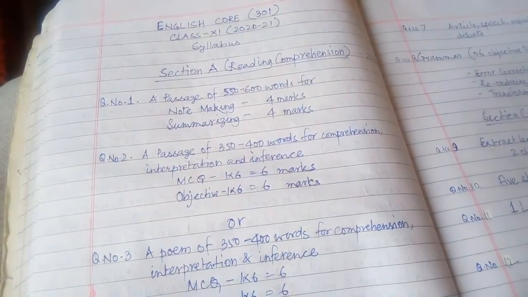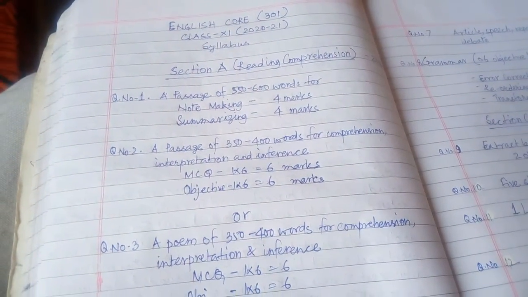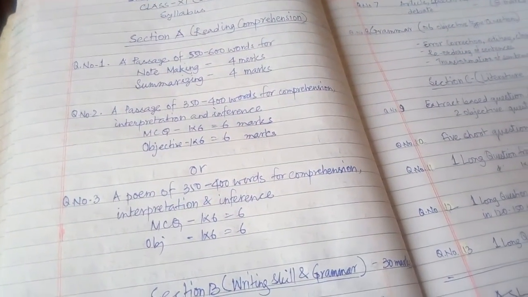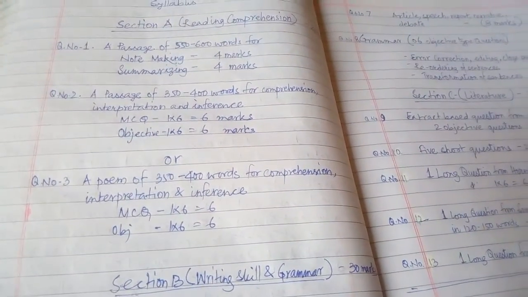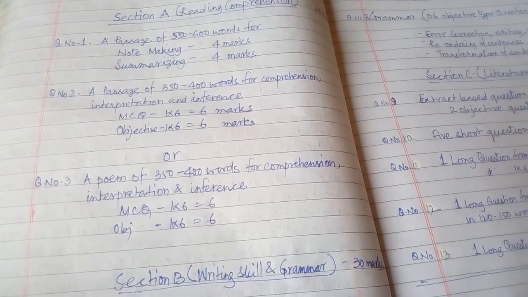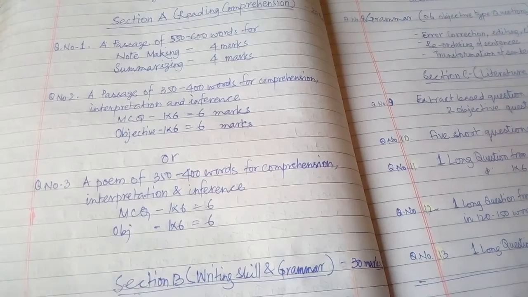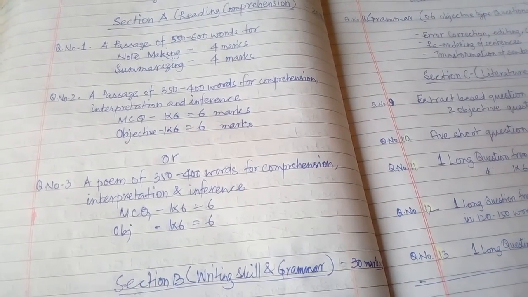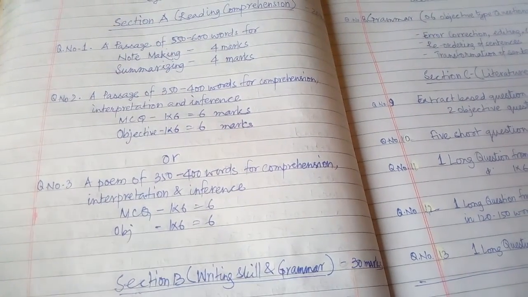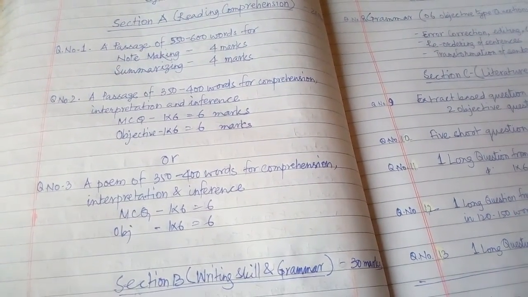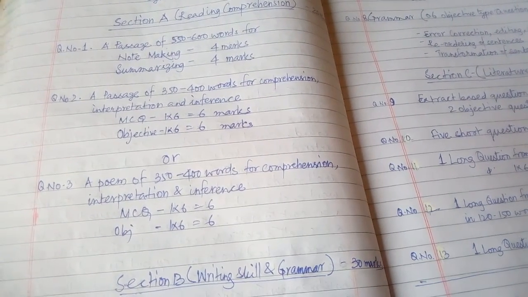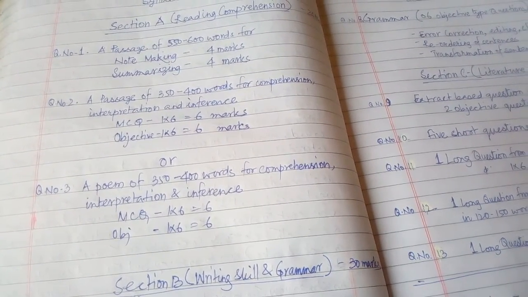Remember, you will have an optional question in the form of Question number 3, and this question is based on a poem. A passage will be given based on a poem, and here too it will deal with comprehension, interpretation and inference.